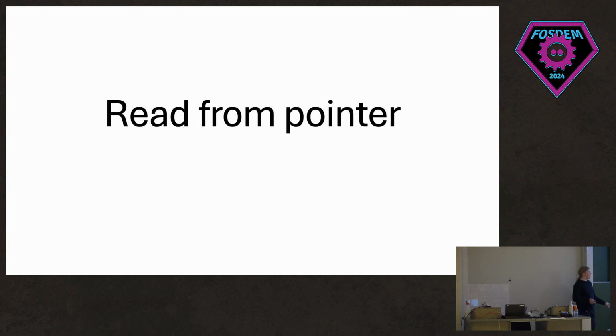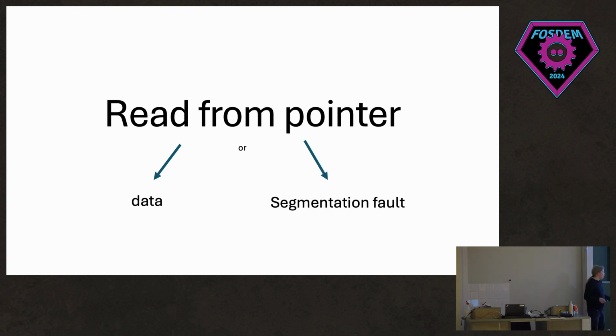It's nice. And the thing is, when we read from a pointer, there are two options. We could either read some data, good, it's just a simple mov instruction, or we can get a segmentation fault. And that's one of the things that the JVM does. It uses segmentation faults for its own advantage, because segmentation faults are somewhat expensive, but the fast path is really, really fast.